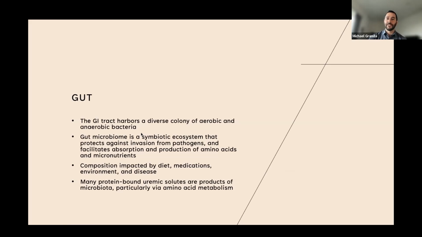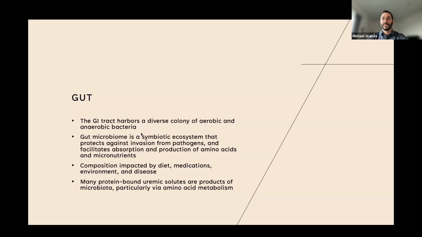And it helps to digest certain food products and facilitates the absorption of amino acids and micronutrients. The composition of the microbiome is highly variable between individuals, and it's known to change in accordance with factors like diet, medications, the environment, and the presence of certain comorbidities.